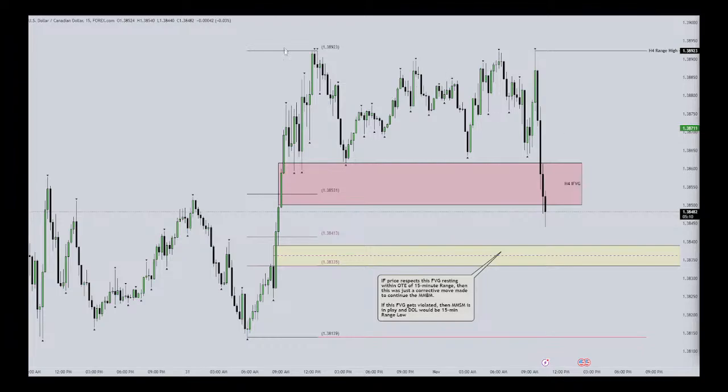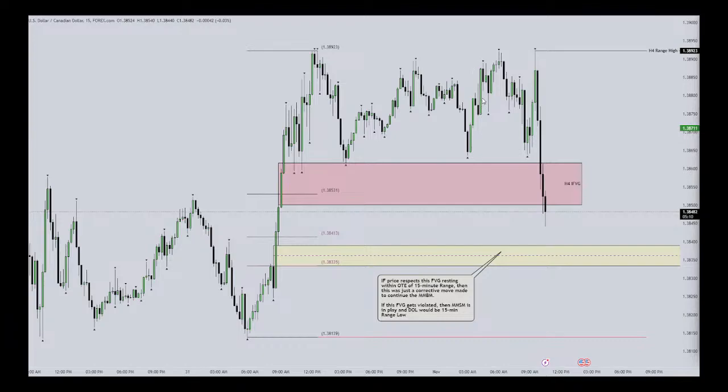Alright, so right here we're looking at USDCAD, and we were originally in a market maker buy model when we were looking at this large move up here. So right here we could have seen a lot of opportunities to go long, and then after it swept a bunch of liquidity that we will see in just a second, price started consolidating.